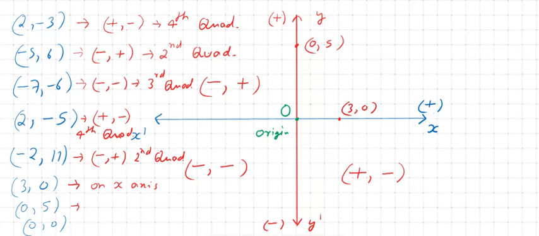I have written that. So it is on the y-axis. And beta ji, 0 comma 0 is the origin. So it is written here at the point of intersection of the x and y axes. I hope the concept is clear.